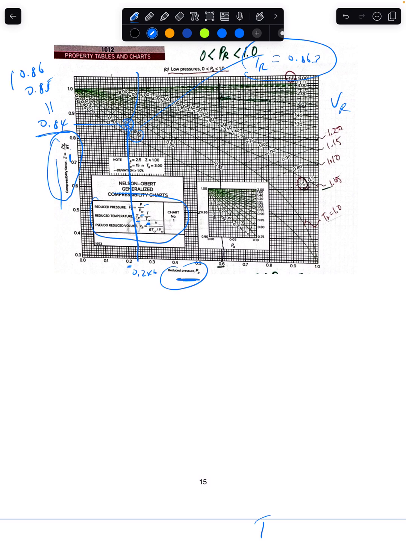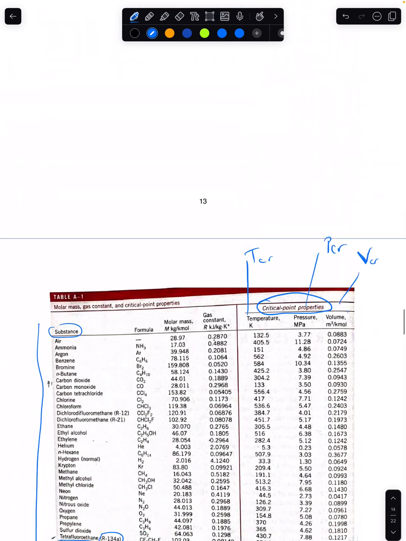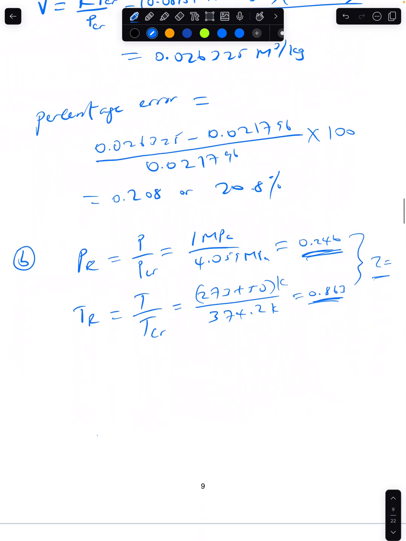So any value of this range will be accepted, and therefore I can say my Z is equal to 0,84 or 0,85 or 0,86. So the graphical method has more error, and therefore the Z now becomes 0,84. And can we determine the specific volume?